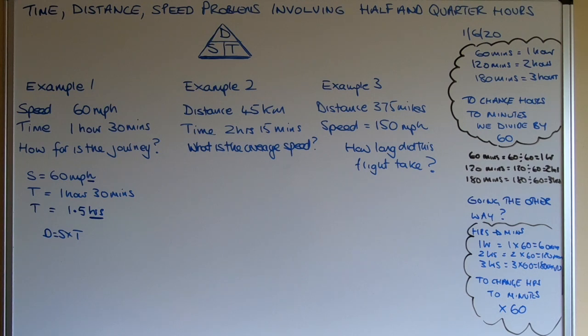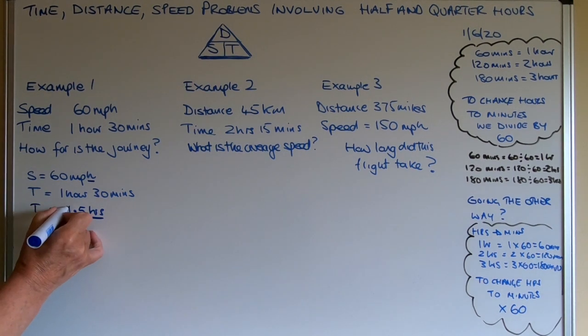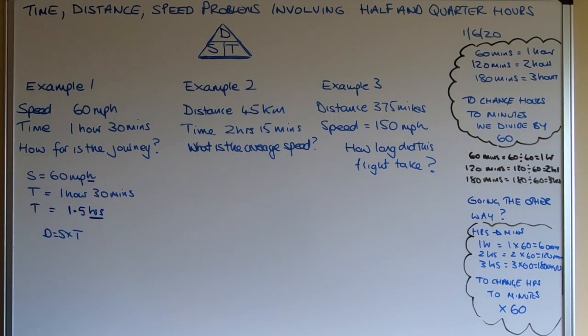So to change minutes to hours, we divide by 60. So if you lifted your calculator and put in 30 divided by 60, you would get 0.5. So 1 hour and 30 minutes, we would write 1 for 1 hour, and 30 divided by 60 equals 0.5. So 1.5 hours.